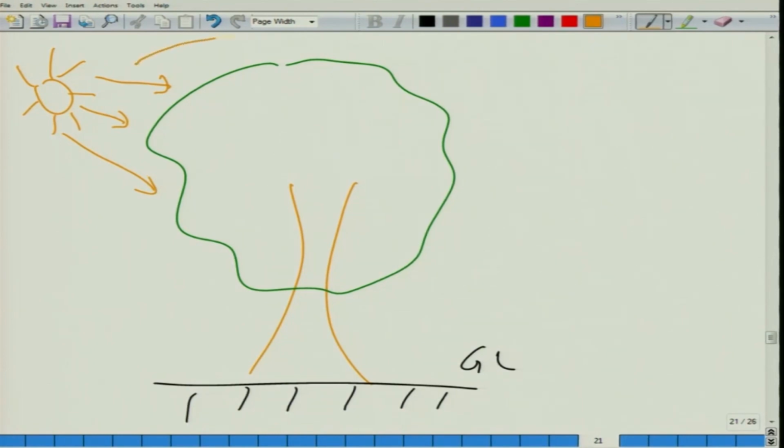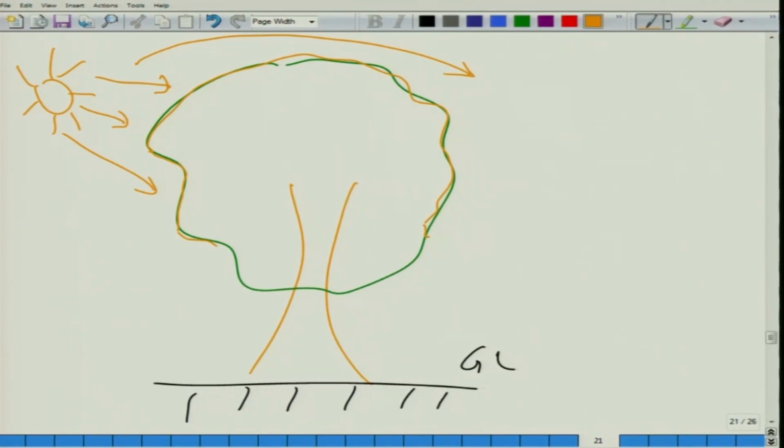Now, when the position of the sun relative to this tree changes with the passage of time during a day, then essentially all these areas become illuminated. So, these are the lateral surface areas, in which we are not considering the bottom surface area.